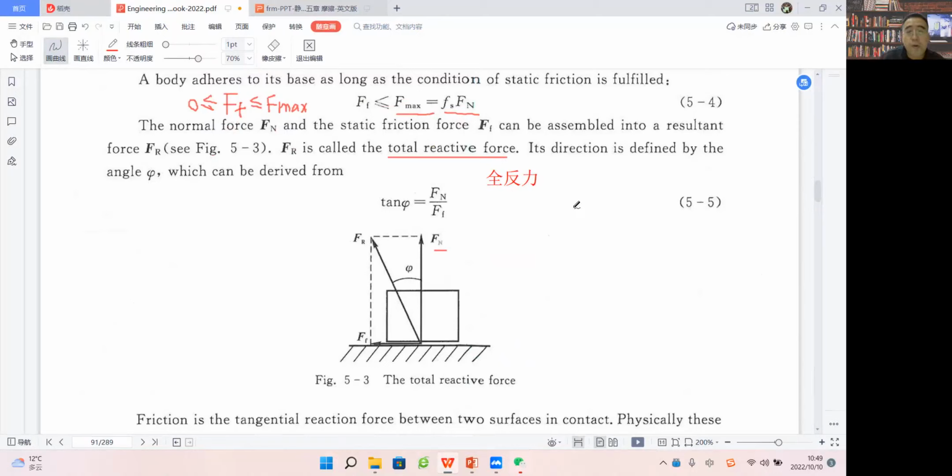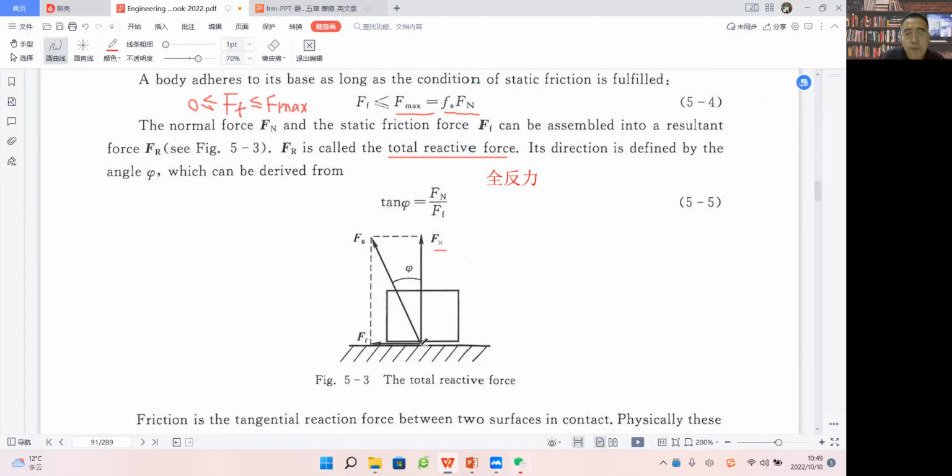So since Fn is a kind of reaction force, Ff is another kind of reaction force. So we can do something. Because this Fn can slide along its line of action, we can let this Fn and this Ff have the same common point here.